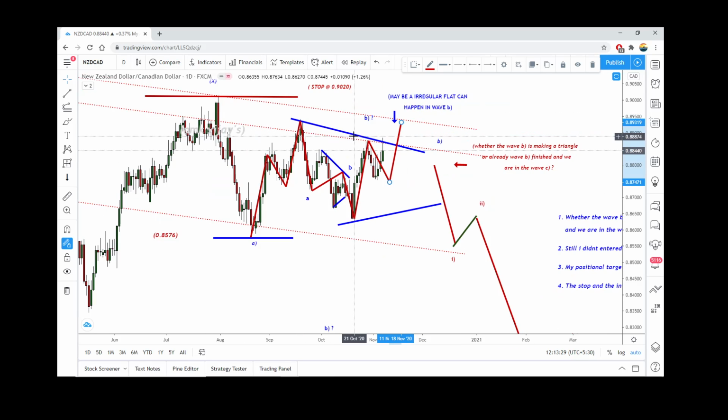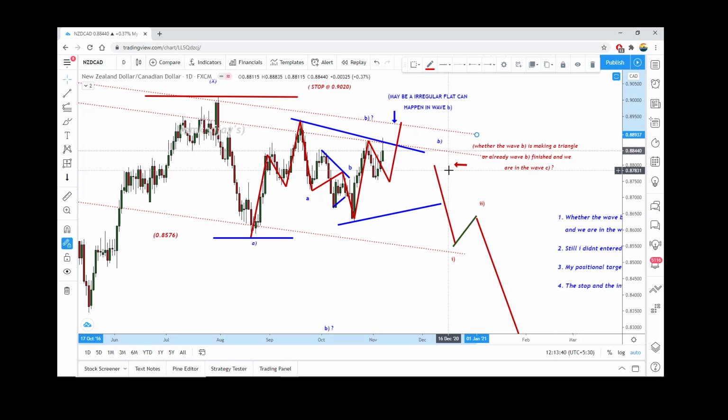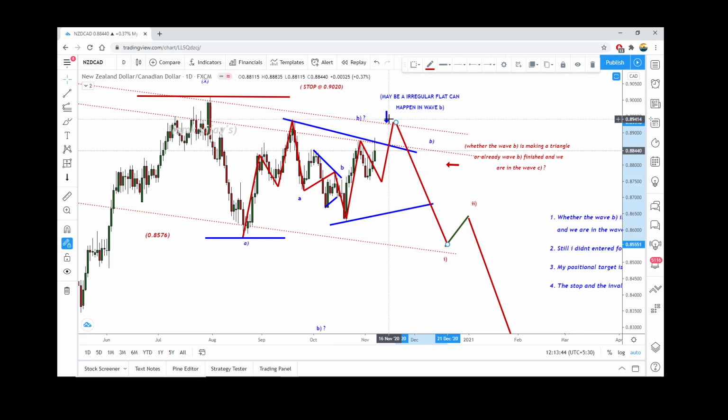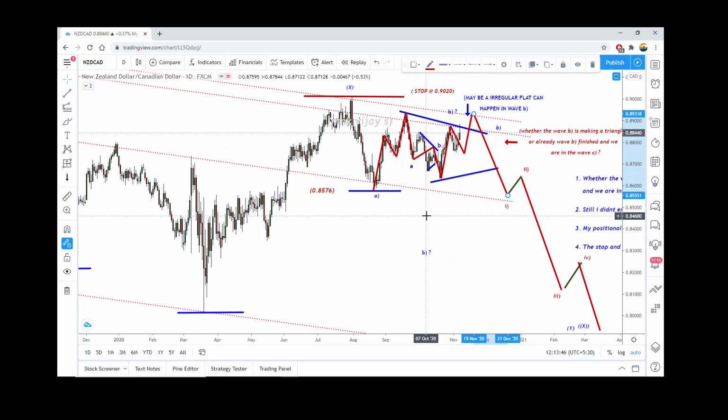One more at 8960 I think. So I already placed that one more sell order, and then again it has to drop. So whether the B wave is over here, we are looking only for that five-wave structure, the C wave.